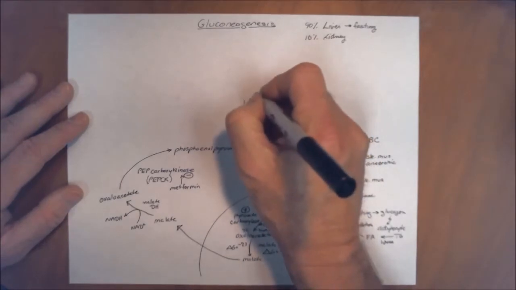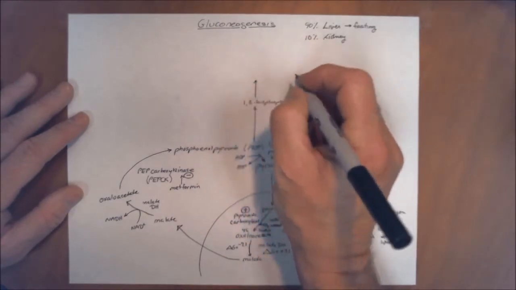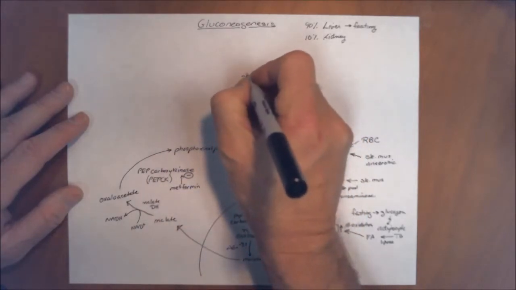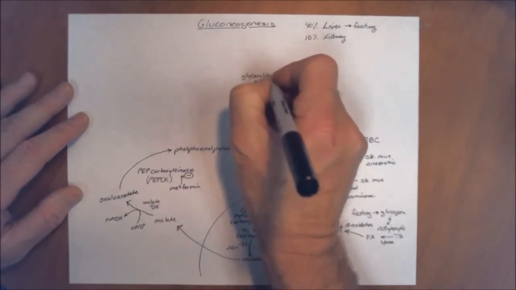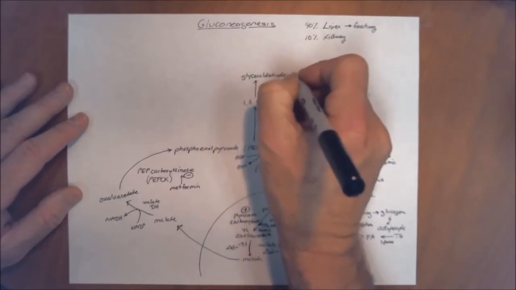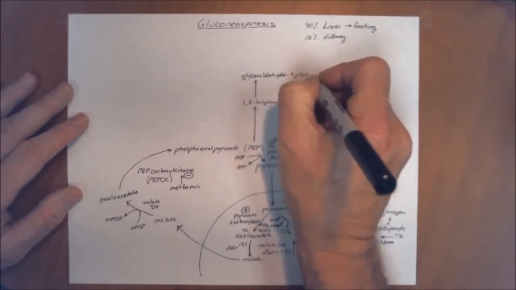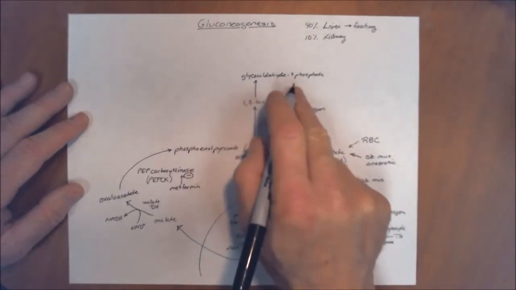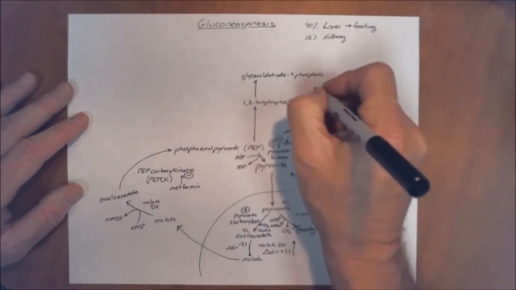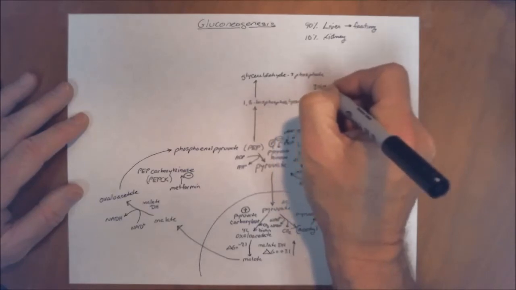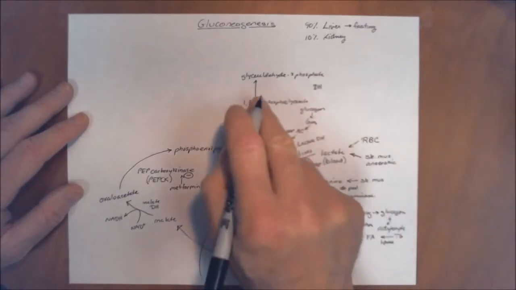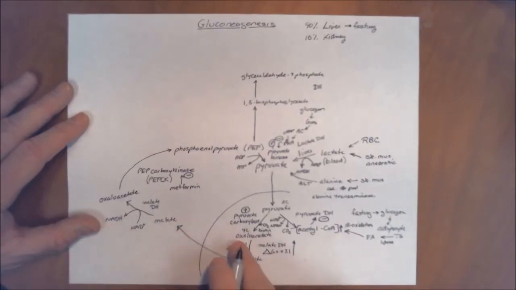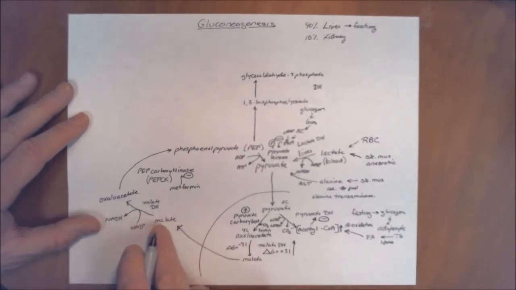The next step here is to convert 1,3-bisphosphoglycerate into glyceraldehyde 3-phosphate. This, of course, is done by glyceraldehyde 3-phosphate dehydrogenase enzyme, and this is where we will need the NADH that we've delivered from the mitochondrial matrix to the cytoplasm by our malate shuttle.